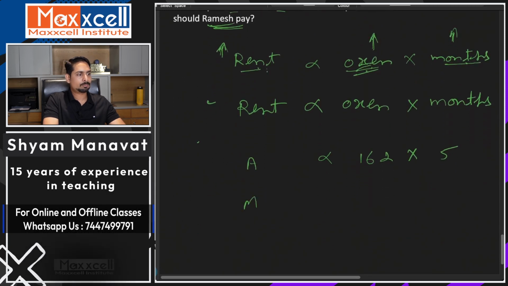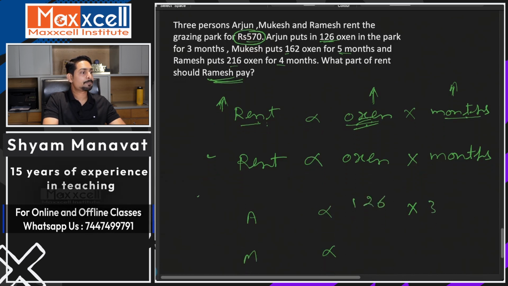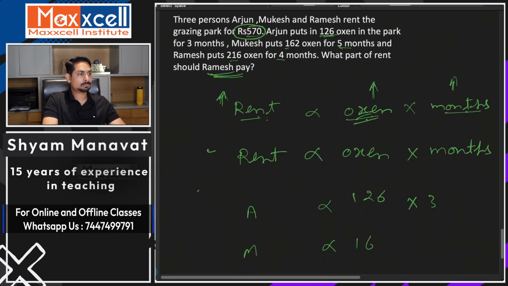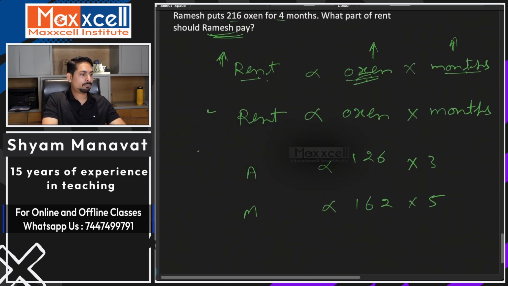Mukesh. For Mukesh, it will be 160. Okay, Arjun is 126, my bad. Arjun is 126 for 3 months. Mukesh is 162 for 5 months. And Ramesh is 216 for 4 months.